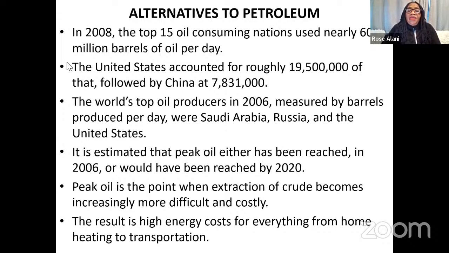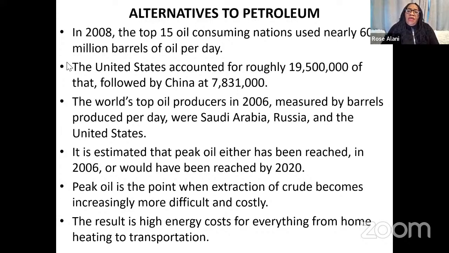China used 7 million, almost 8 million of the 60 million we're talking of. The top oil producers in 2006, measured by barrels produced per day, were Saudi Arabia, Russia, and the United States.